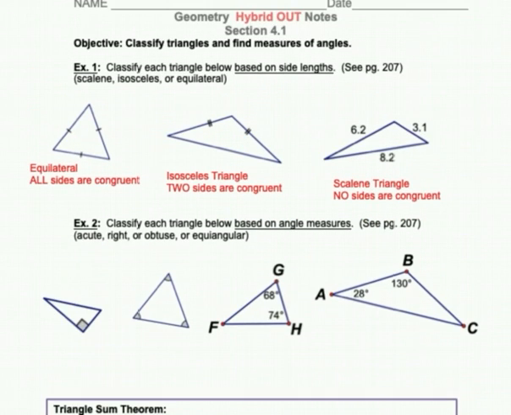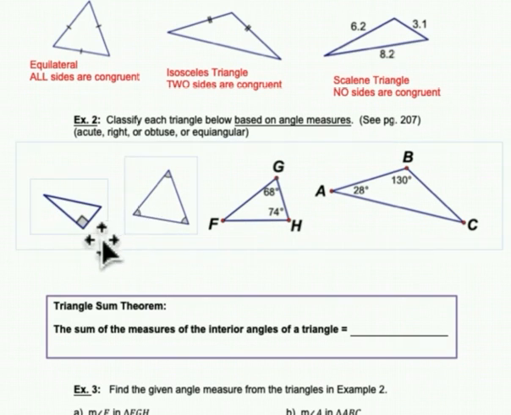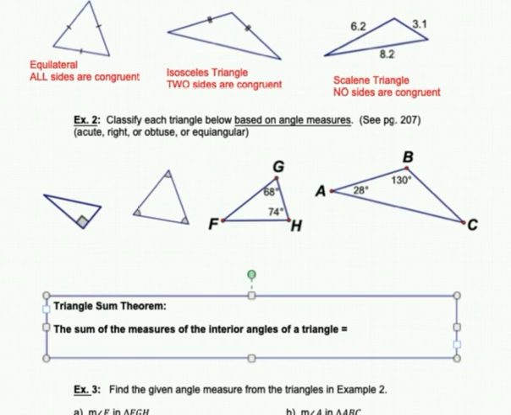Okay, before we do example 2, let's use the Triangle Sum Theorem to find the measures of angle F and C first. So we'll do example 3 before we do example 2. You may know from a previous course that the 3 interior angles in a triangle have to add up to 180 degrees.